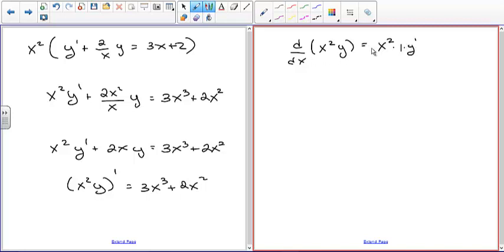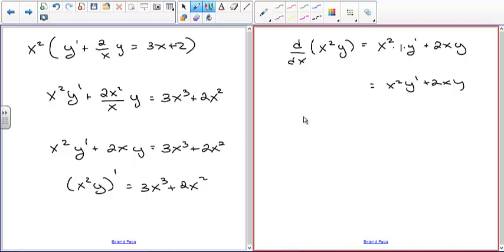And then the second term is the derivative of the first term times the second term. So what I get is x squared y prime plus 2xy, which is exactly what I had here. So it does work. So this whole concept of integrating factor is to combine these two terms into one single term.